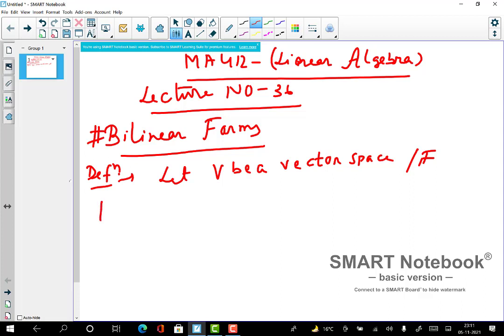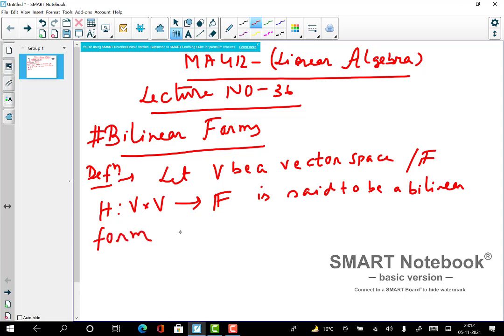A function from V cross V to F, taking an ordered pair of vectors, is said to be a bilinear form if the following happens.